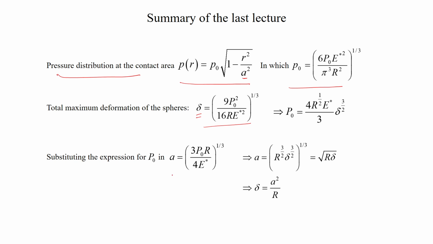We also derived the expression for A, where A equals (3 P0 R / 4 E star) to the power 1/3. Finally, if I substitute the expression for p0 into A, we get this expression: A is equal to the square root of R times delta. Delta is the deforming distance through which these spheres have moved towards each other.